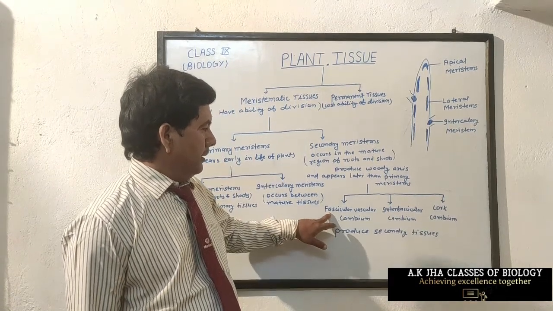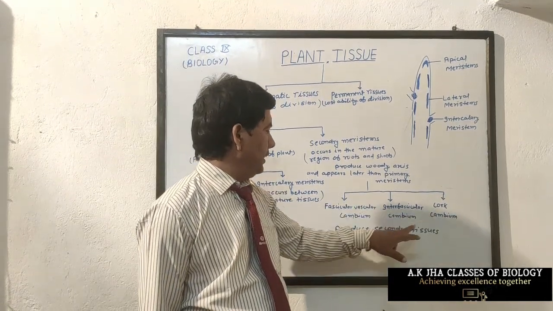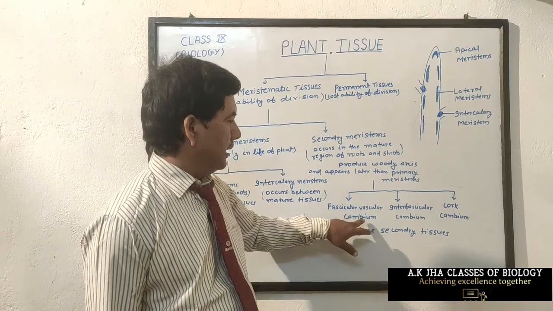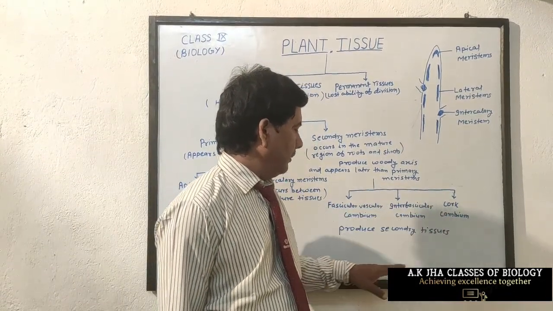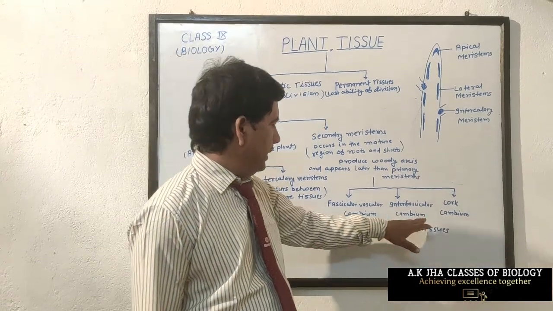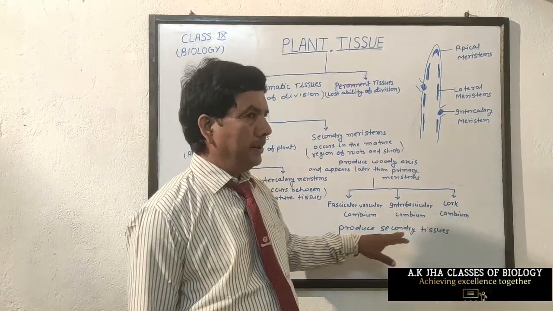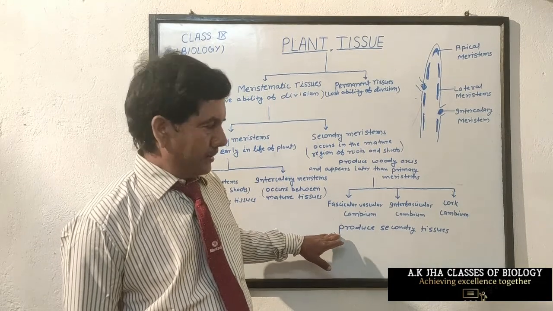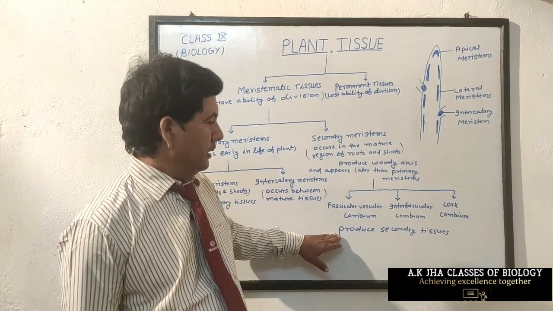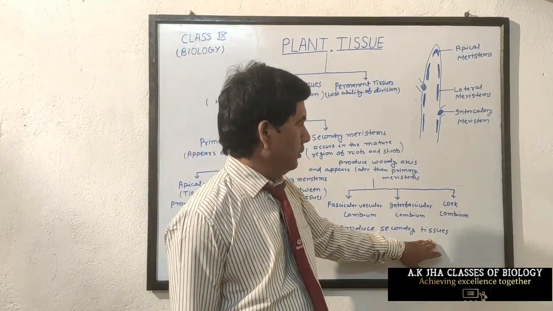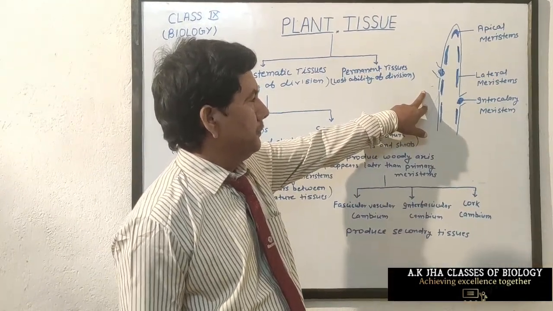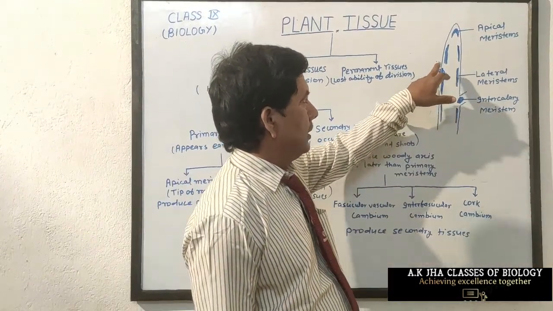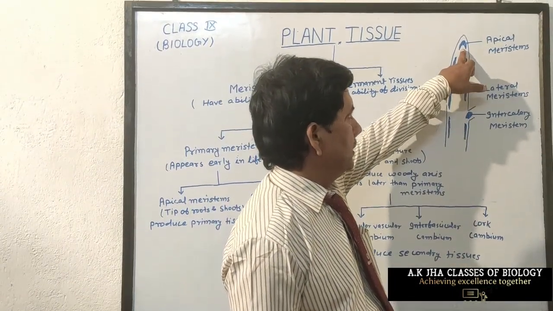These are the examples of secondary meristem, that is fascicular cambium, interfascicular cambium and cork cambium. These all cambiums help in increasing the thickness of the stem, that is secondary growth. They produce secondary tissue, and in this figure the locations of different types of meristematic tissue are shown. Apical meristems are located in the apex of roots and shoots.